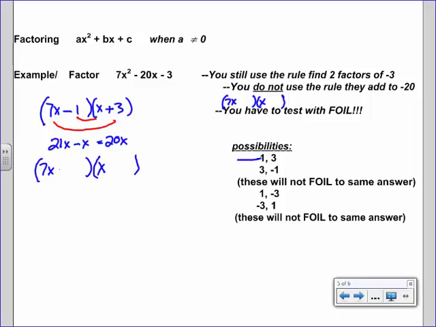Now we'll try 3 and negative 1. That gives us negative 7x plus 3x, which is negative 4x. Try the next one.